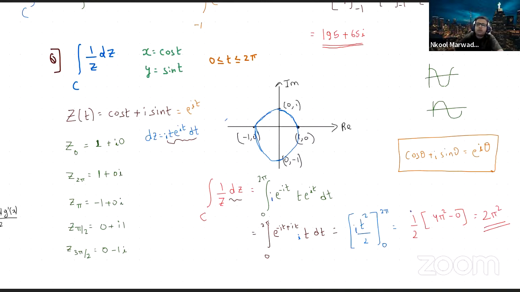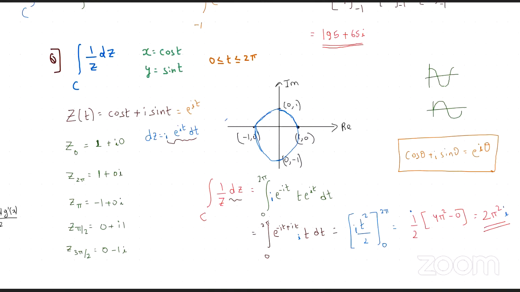So it will be 2 pi square i. Oh, one more mistake, sorry. Differentiation of e to the power of it is just i e to the power of it. t will not be there.